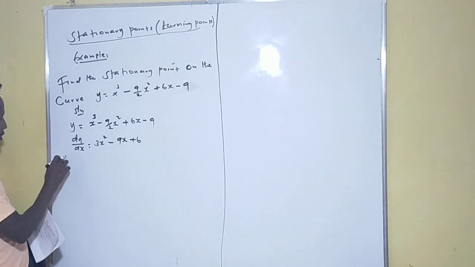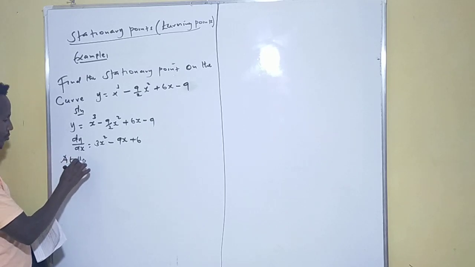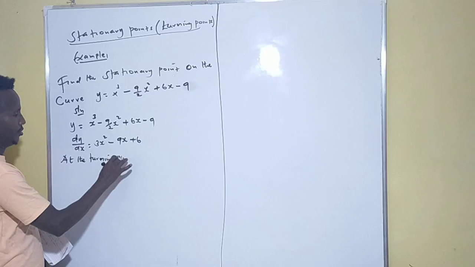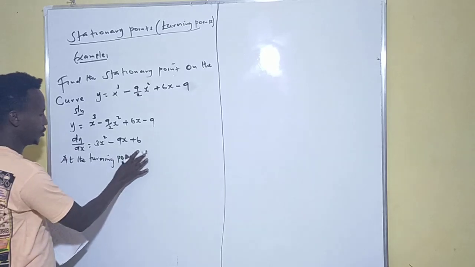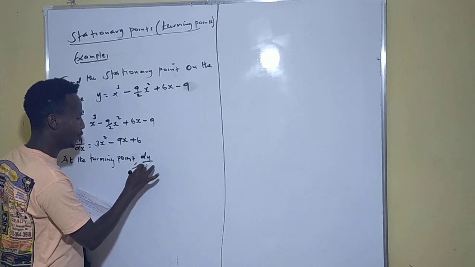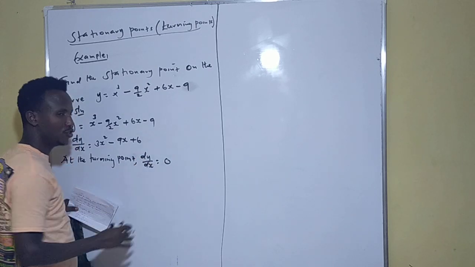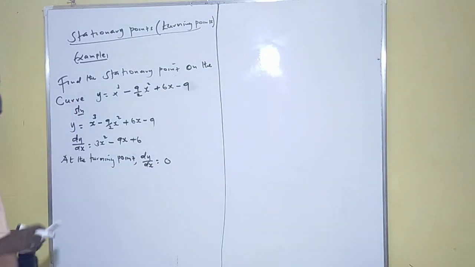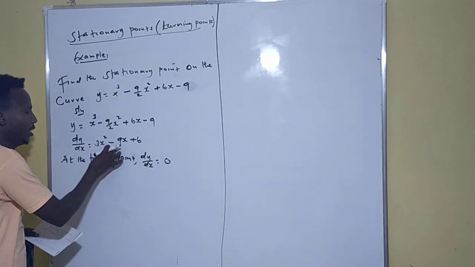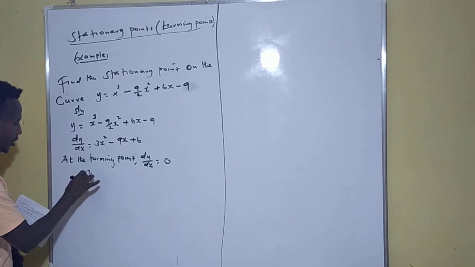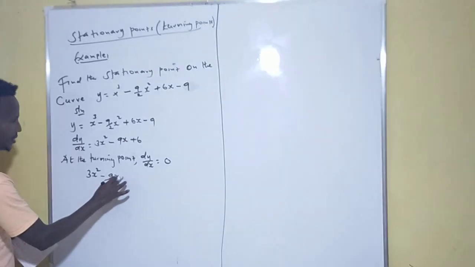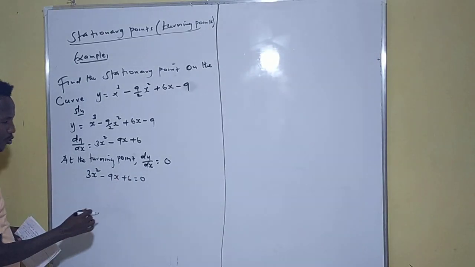So remember, we say that at the turning point, dy over dx is equal to 0. At the turning point, the gradient of the curve is always 0. So we will equate this one to 0. So we are going to say 3x squared minus 9x plus 6 is equal to 0.